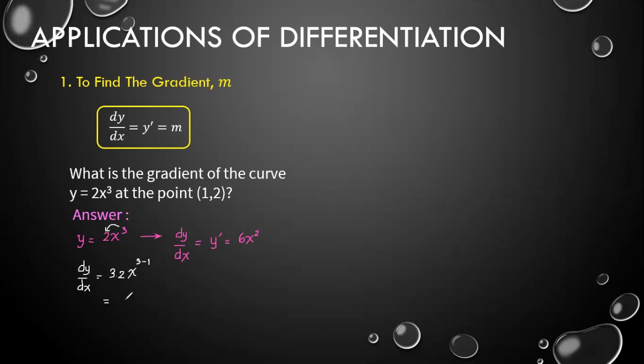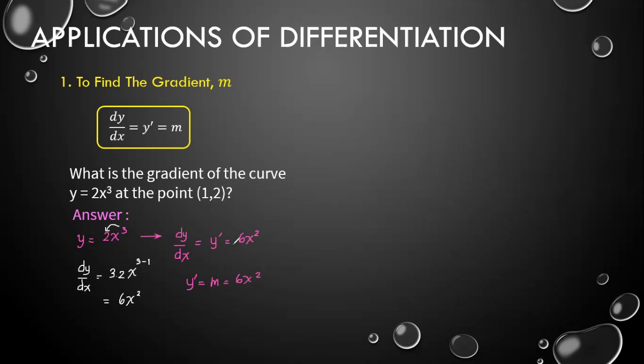So we find the first derivative is 6x squared. Very easy, right? The gradient is satisfied by the first derivative, which means dy over dx equals m equals 6x squared.